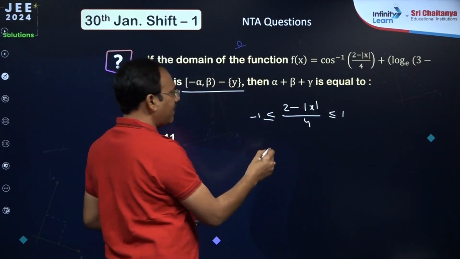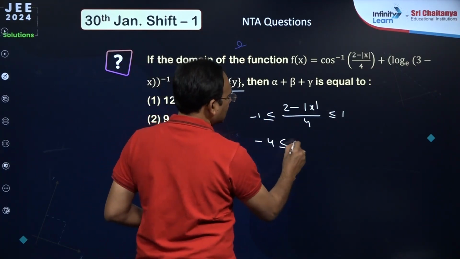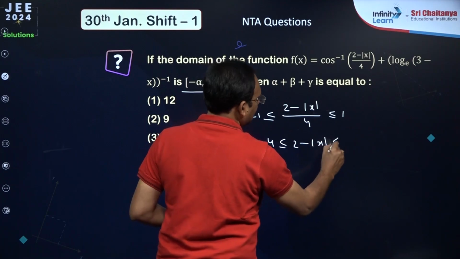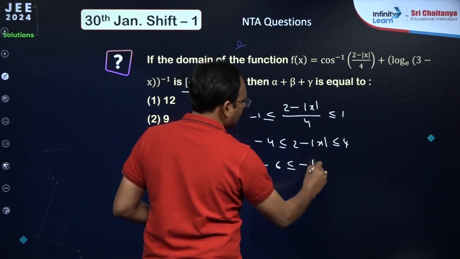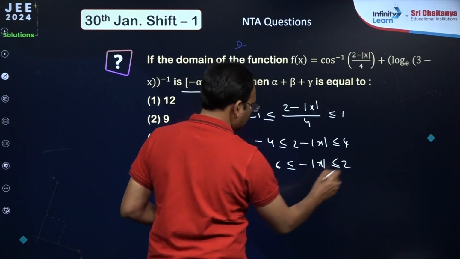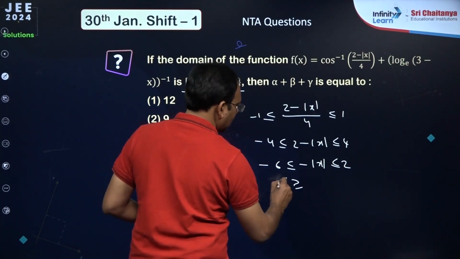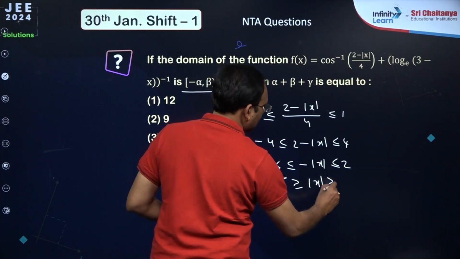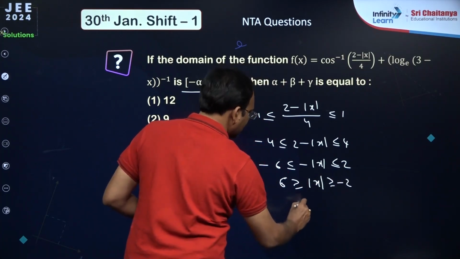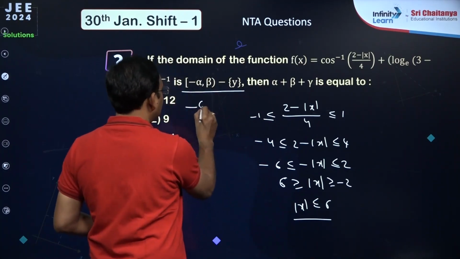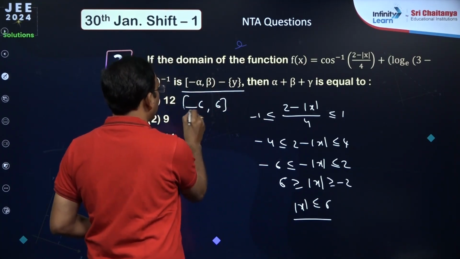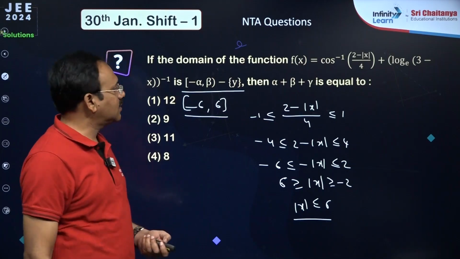That means multiply with 4, minus 4 less than or equal to 2 minus mod x less than or equal to 4, subtract 2, minus 6 less than or equal to minus mod x less than or equal to 2. So 6 greater than or equal to mod x greater than or equal to minus 2, which means mod x less than or equal to 6. So minus 6 to 6 closed interval x must be, my dear friends.